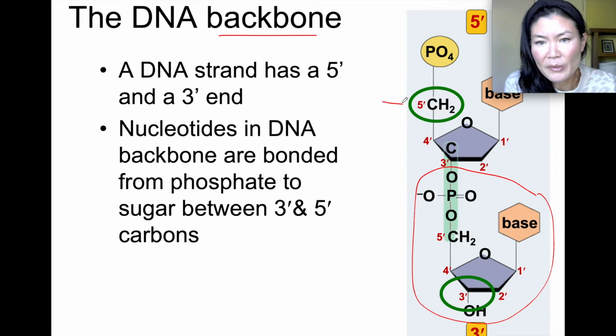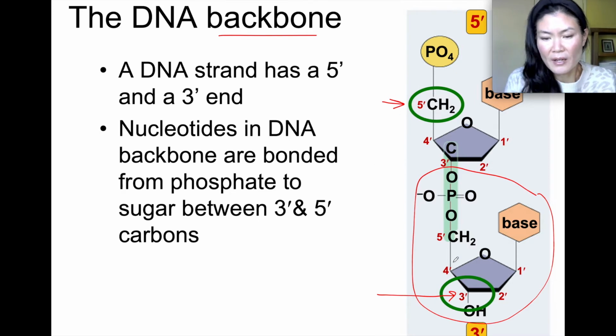The 5' carbon is the closest to that end. The 3' carbon for that deoxyribose is down here, at the far end. And if you look over here on the 3' end, the closest carbon in the deoxyribose sugar is 3'. So this is the 3' end, that is the 5' end.